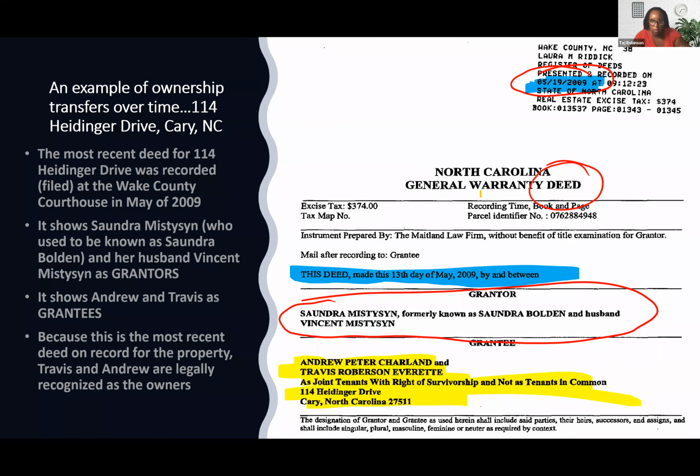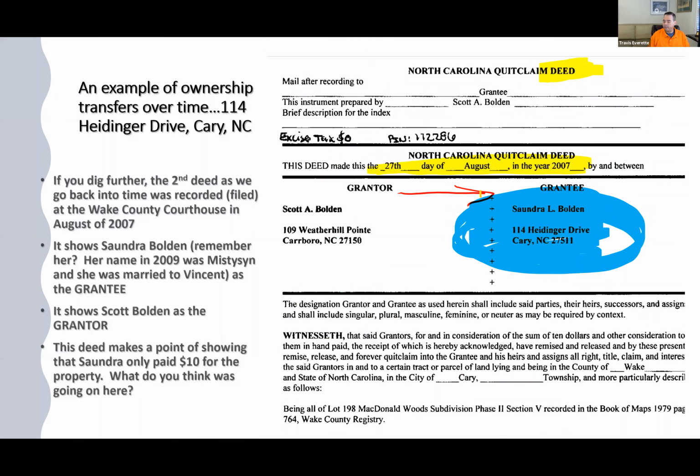No. If you go back to the deed before that, do you see anything at all about restrictions or covenants? No. So here's what I'm pointing out to you. If you just go look at one deed, would it be easy to assume that this property has no covenants on it?